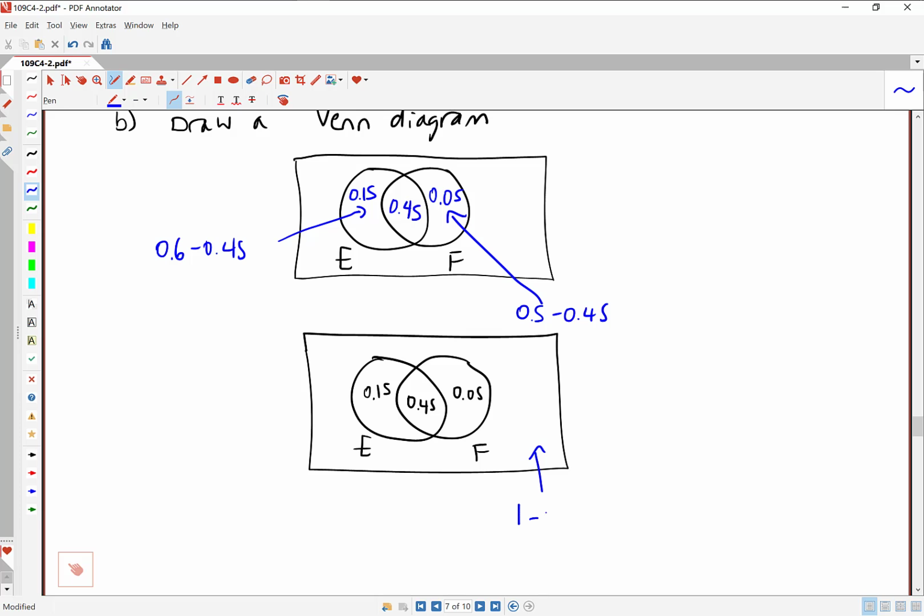So just go 1 minus and subtract off everything we've already accounted for, subtracting off the 0.15, the 0.45, and the 0.05. And what you get is 0.35 for this outer region. So that's now a complete Venn diagram that tells us the probabilities of all the different events that could happen.